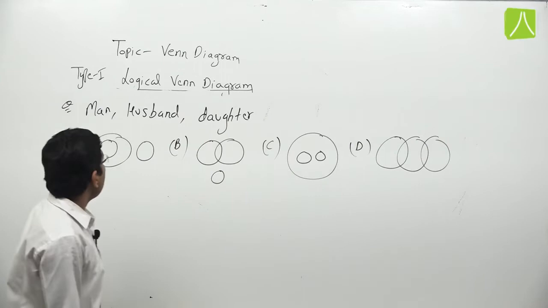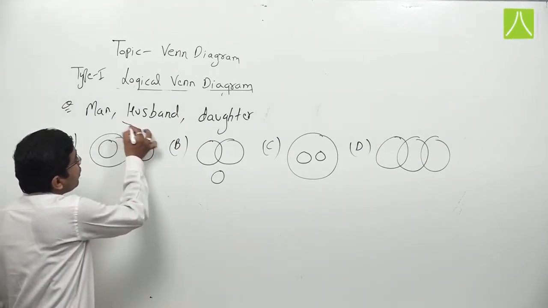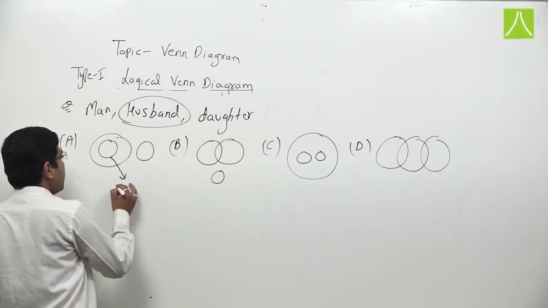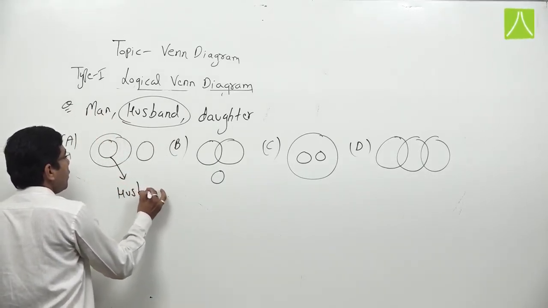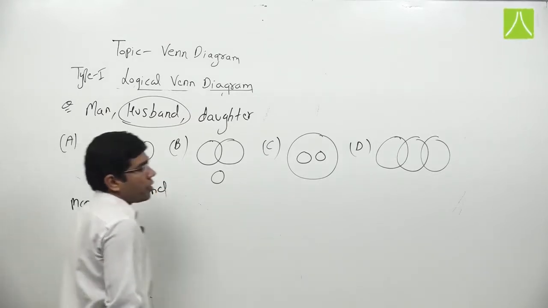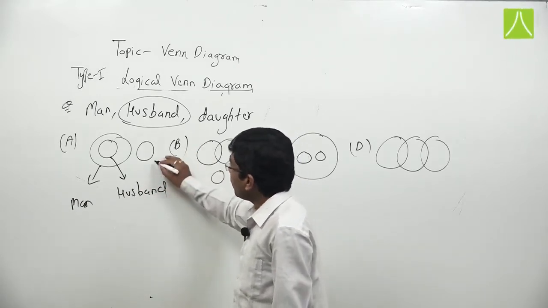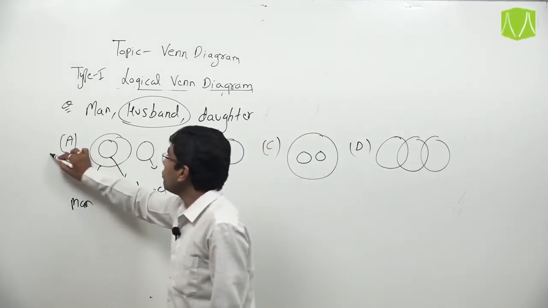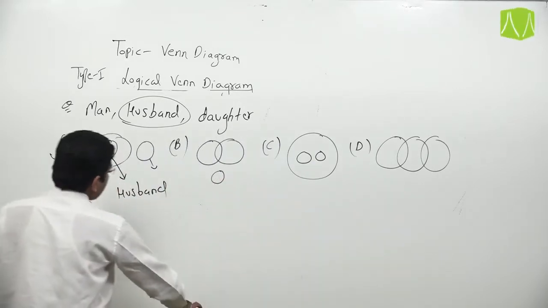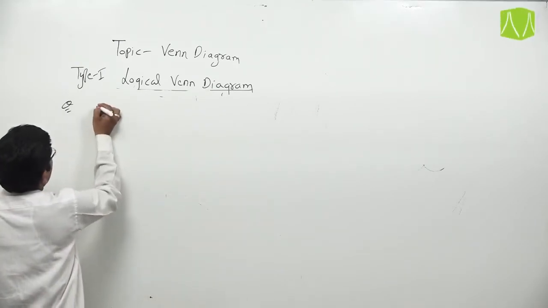Now we have to find the relation for man, husband and daughter. Friends, we know that all the husbands are men. So this circle denotes husband and this circle denotes man. All the husbands are men, and daughter has a different circle. So for this our answer should be option A. Now take the next example.